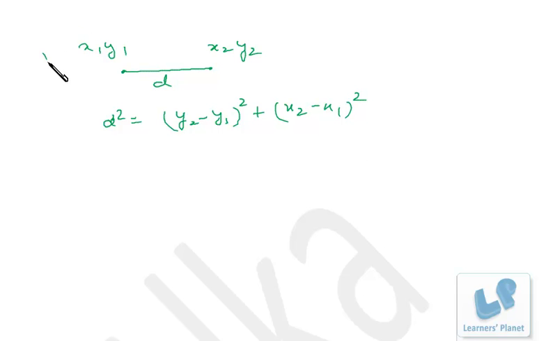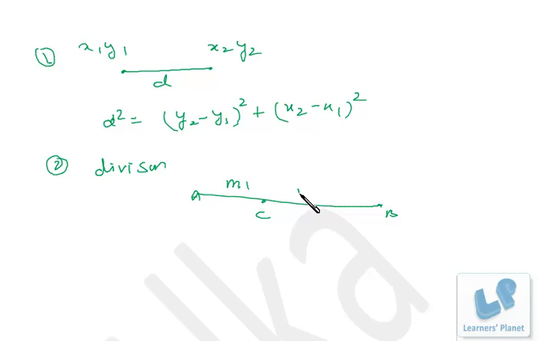Okay, next is division, right? Suppose I have a line, A and B, and this is the point C that divides this line in the ratio m1 m2, right? Coordinates of A are x1 y1 and B are x2 y2, and coordinates of C are x and y.